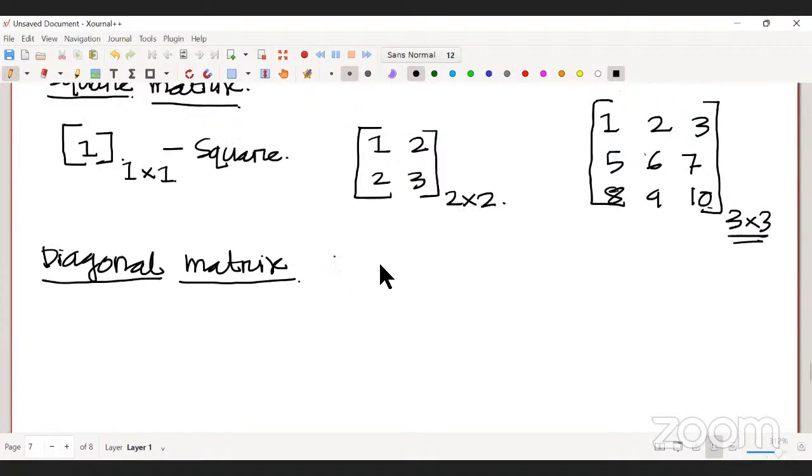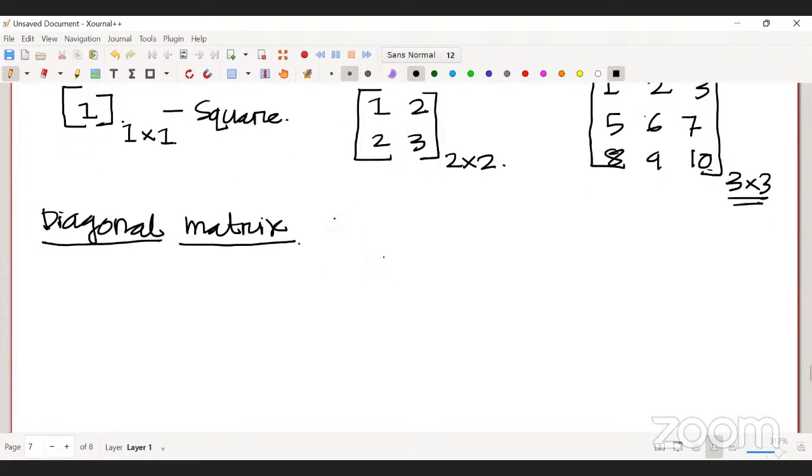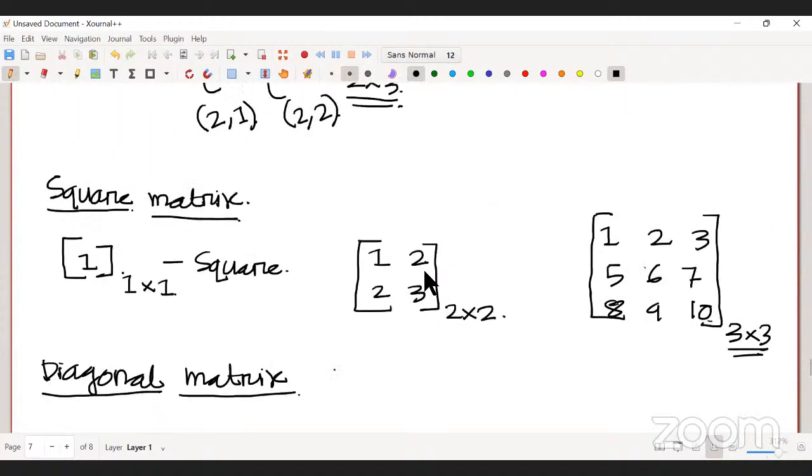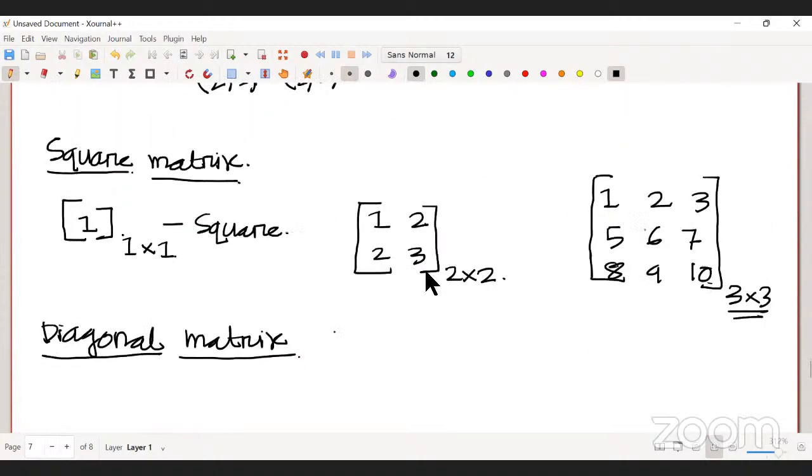For example, if I consider this matrix, a diagonal entry is basically any entry that is in the diagonal. Here, 1 is in the diagonal. So here 3 is in the diagonal.